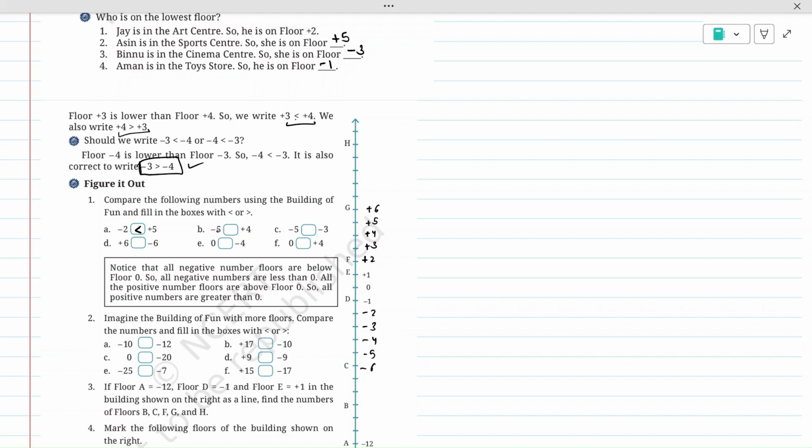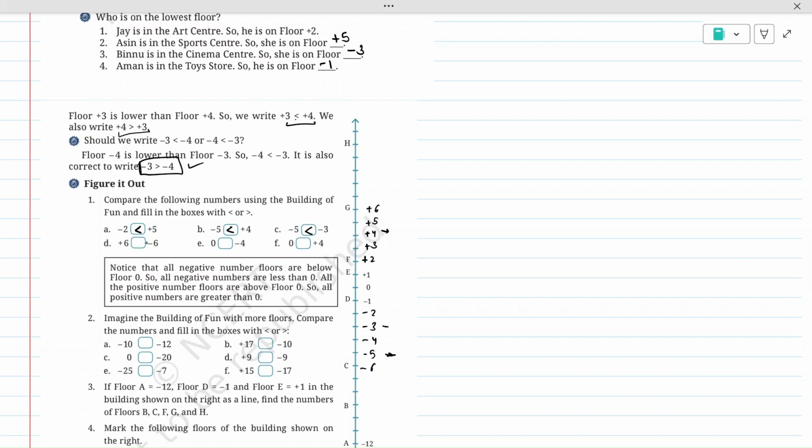Now, -5 and +4: we have -5 here and +4 here. We can see +4 is on the higher side than -5, so +4 is greater. -5 and -3: we have -5 here, -3 here. -3 is above -5, so -3 is greater.